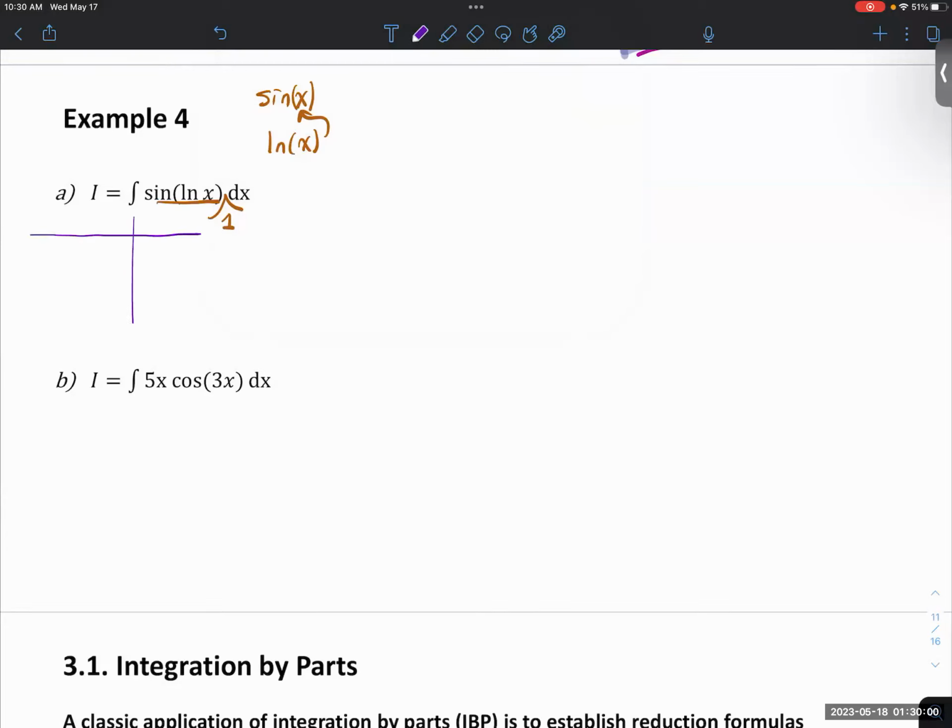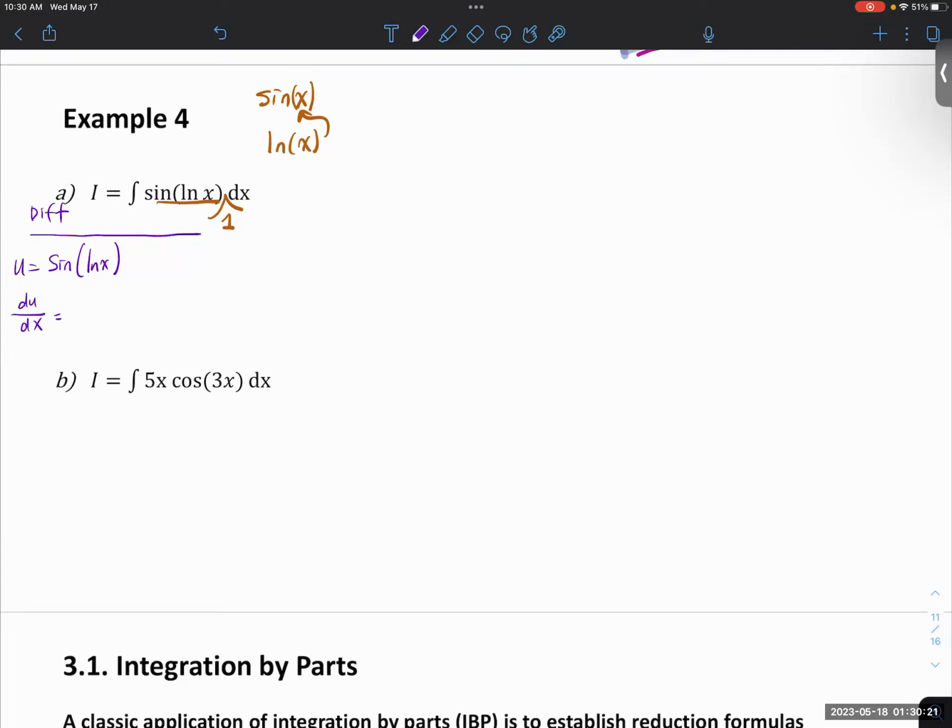We're going to take the differentiation and integral. So for the differentiation of the first function, I say u equals sine ln x, correct? And you are going to take the derivative. So du over dx.